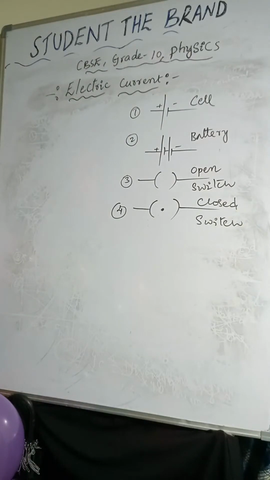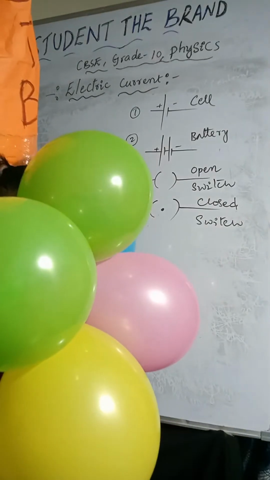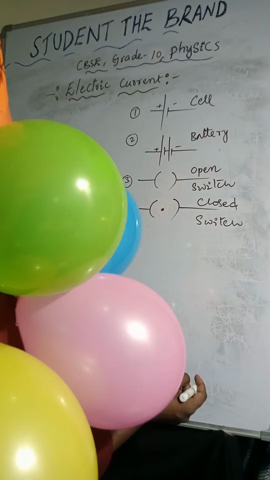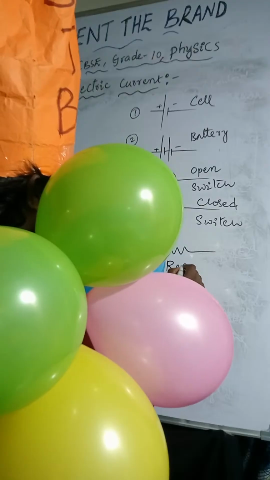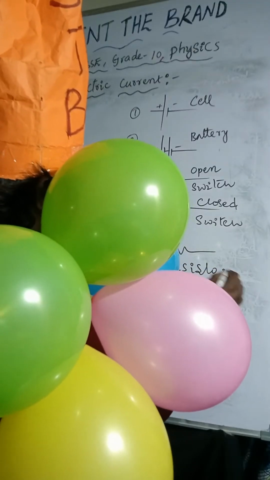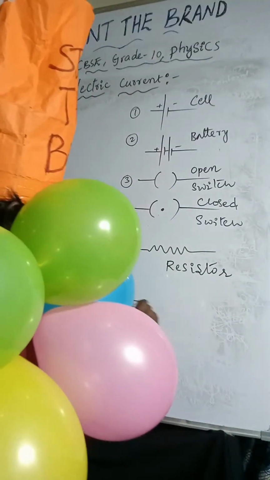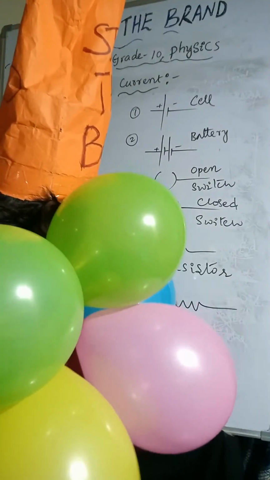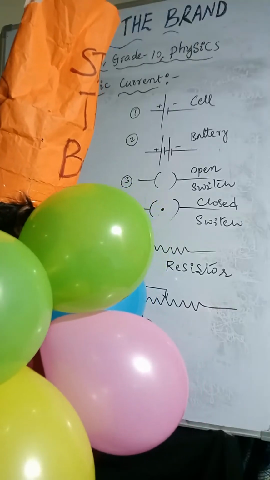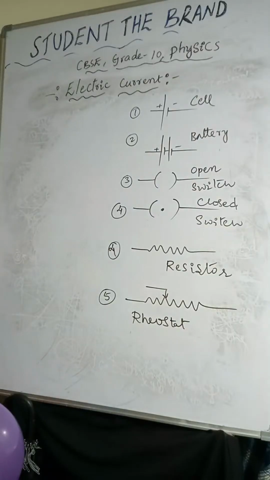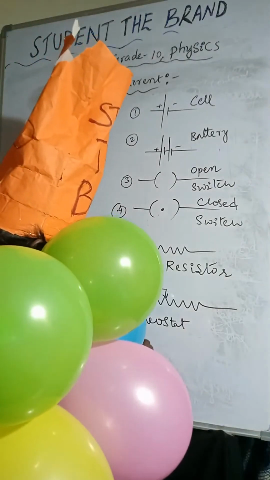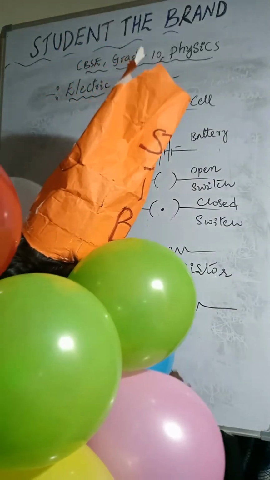Okay, next: cell, battery, open switch, closed switch, resistor, and the fifth one, rheostat. We can also draw the rheostat like this.